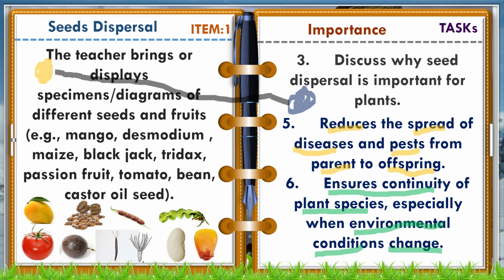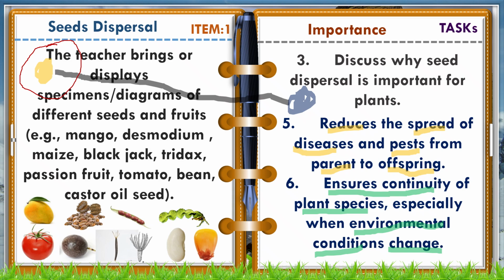For example, if all of them are growing in this area where the parent is, and that area happens to be burnt down, that means the parent will not survive and also the offsprings will not survive.